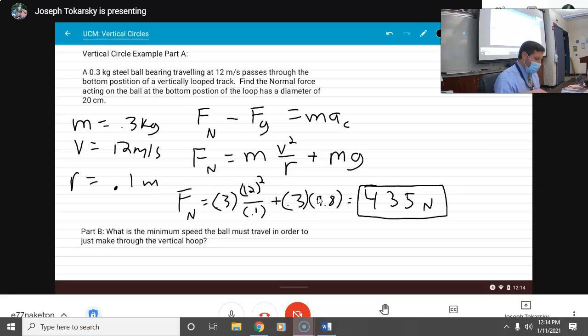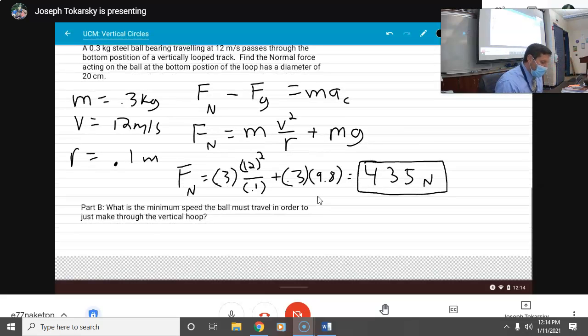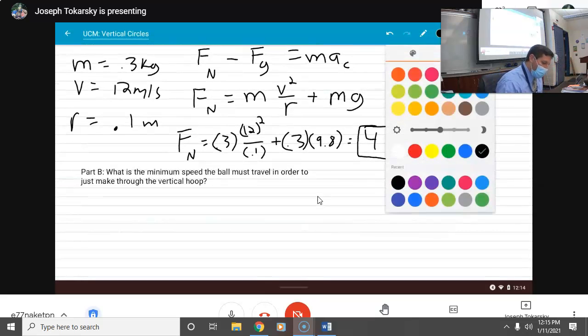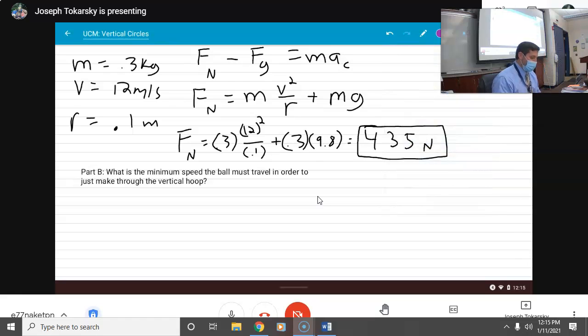Next is to figure out what is the minimum speed the ball must travel in order to just make it through the vertical loop or hoop or whatever you call it. And that's where we use the top formula, which is almost like this one, but has a plus sign. So we would have normal force plus weight equals mac.